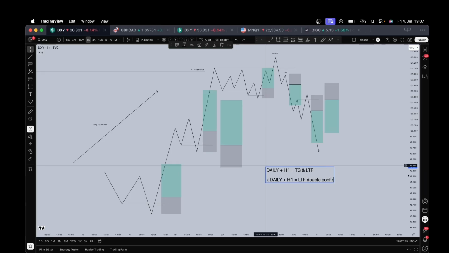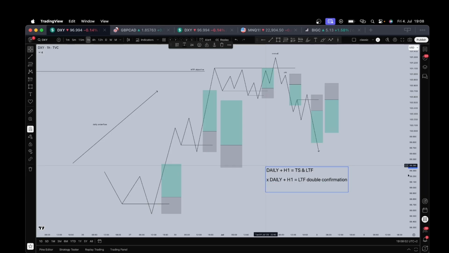In this case, for example, we got a repulsion block, which is once price has traded into an order block, then confirms a second order block. That's a repulsion block. And in this case, that will be my double confirmation. But it can also be a BPR or any other sign of lower time frame change in order flow. You can watch my video on change in order flow if you don't know what I'm talking about.